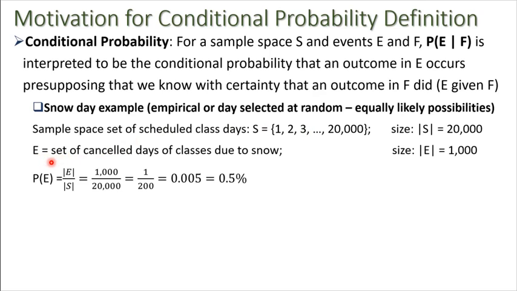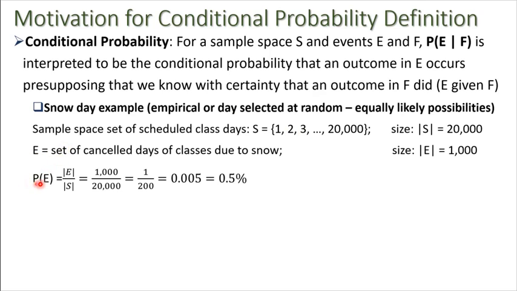And then if we wanted to consider the event, which would be a subset, of the canceled days of classes due to snow, that would be the day numbers that it snowed. So for instance, if it snowed on the third day of classes since Malloy was founded, then 3 would be in this set.